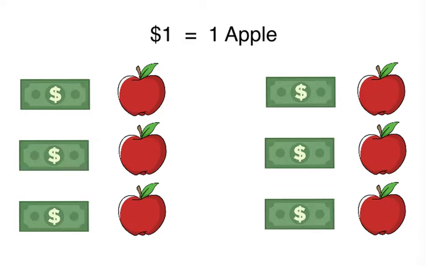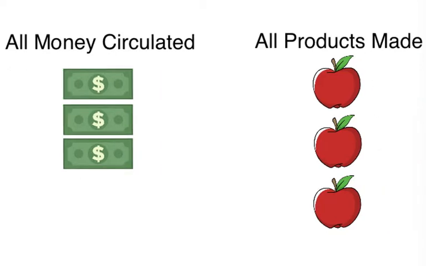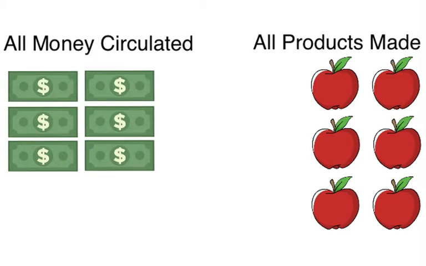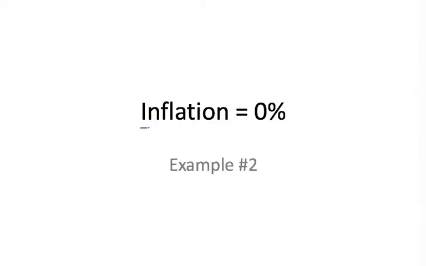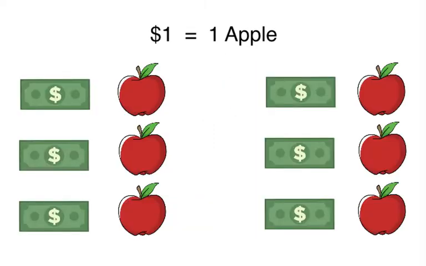So here's a particular case where the amount of money circulating is increasing, but it's increasing at the exact same rate that the number of products being made is increasing. Even though both the amount of money circulating has increased and the amount of product made has increased, there is zero inflation, because before it was $1 for each apple, now there's still $1 for each apple.